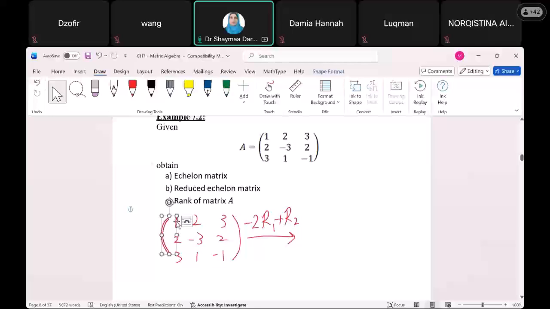Minus 2 times 1 is minus 2, plus 2 will be 0. So this is the operation that I will do: minus 2 times the first row, plus the second row.